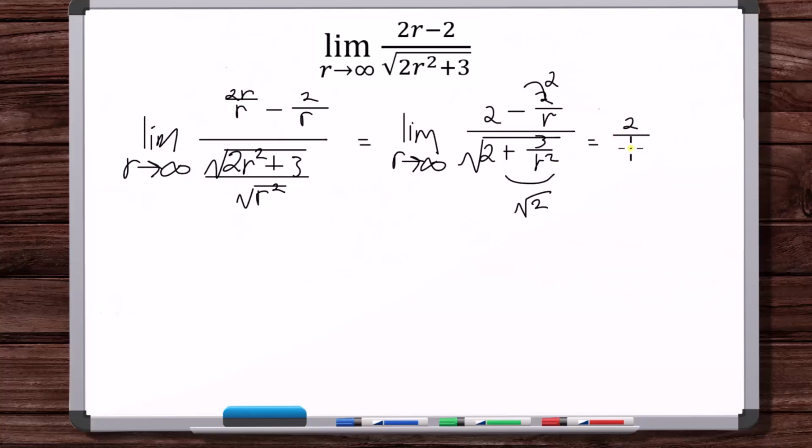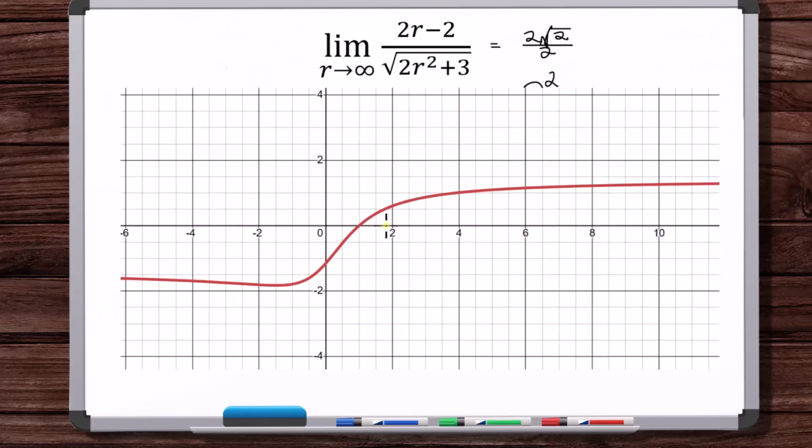So this limit goes to 2 over root 2. We can rationalize this and get 2 root 2 over 2. So y is equal to 2 root 2 over 2 is a horizontal asymptote of this function.